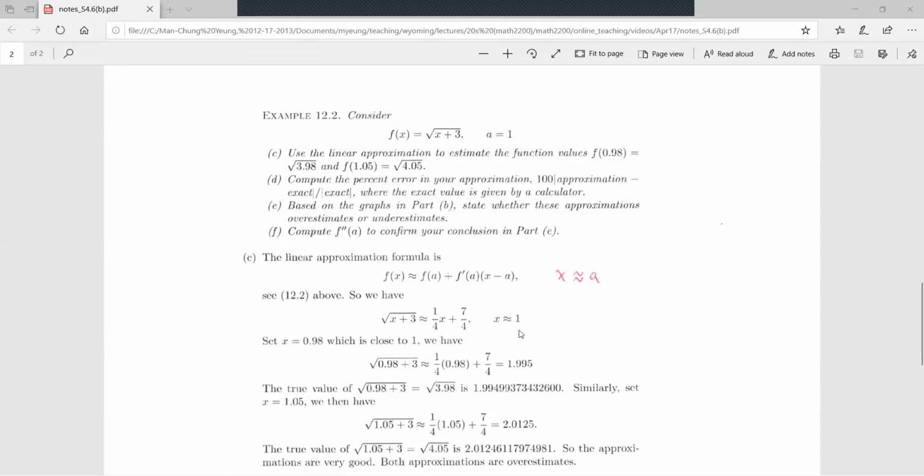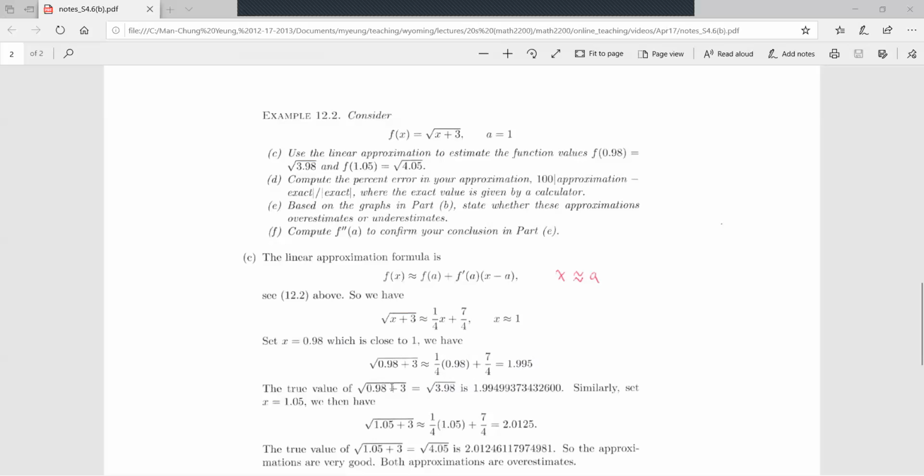Okay, now to estimate the function value at 0.98. Now I set x to 0.98 and plug in 0.98 in x here. So we get this approximation. By calculator, this sum is this number. This number is an estimate of this square root. How good is this estimate?